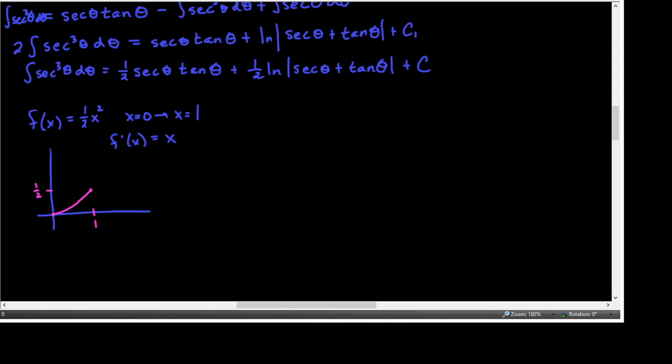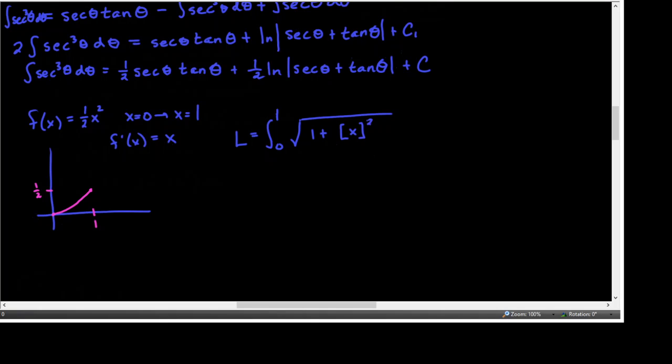And so the arc length formula says that we'll take the integral from a to b, which in this problem is 0 to 1, of the square root of 1 plus the square of our first derivative.